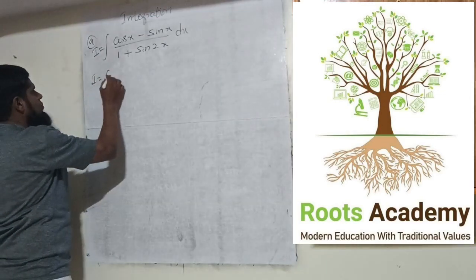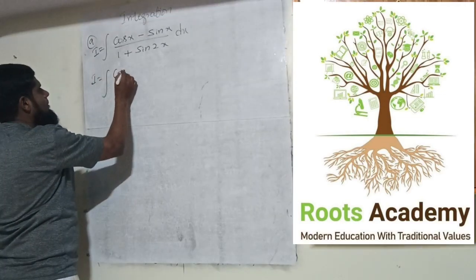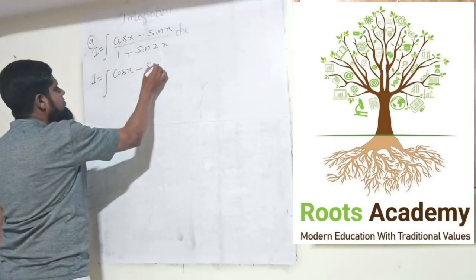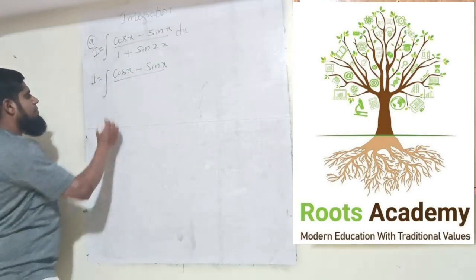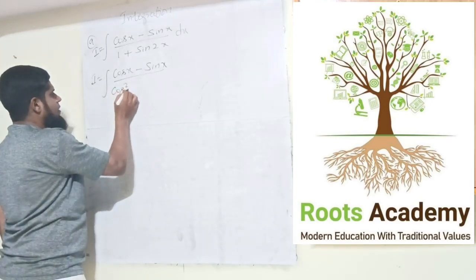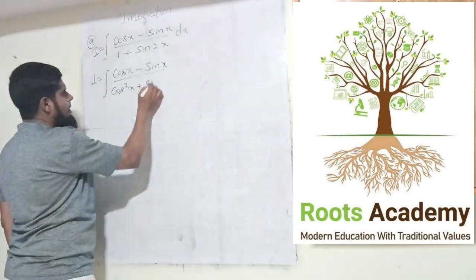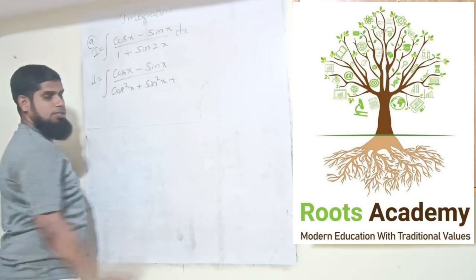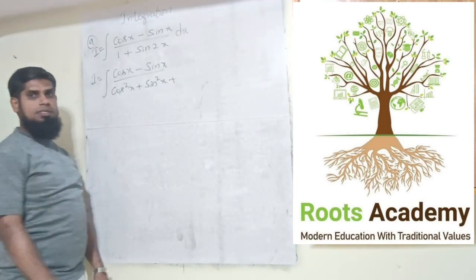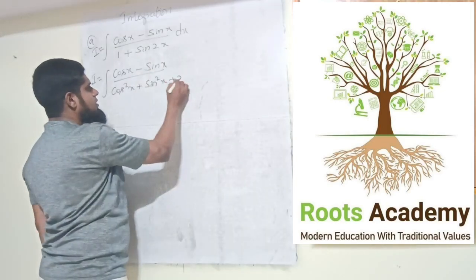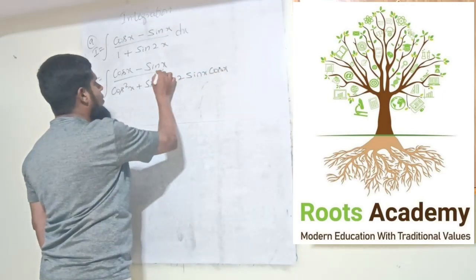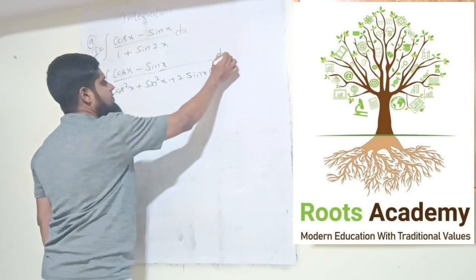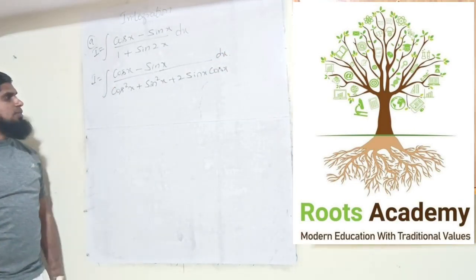So I is equal to the integral of cos x minus sin x whole divided by 1 can be written as cos square x plus sin square x plus sin 2x. The first formula of sin 2x is 2 sin x into cos x, obviously, into dx.